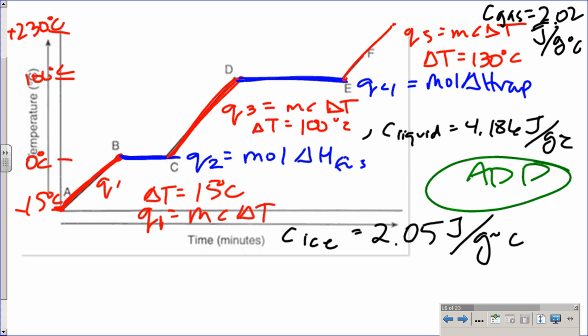What was the unit that I gave you for fusion and vaporization? Kilojoules per mole. These Q's down here, mcΔT, are all going to be in joules because that's what the C value is in. So just be wary. At the end, convert to joules or kilojoules and then add them.